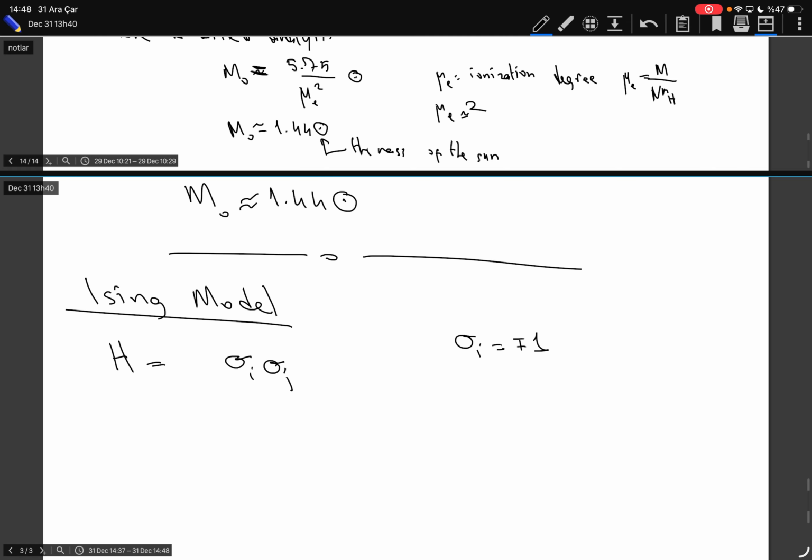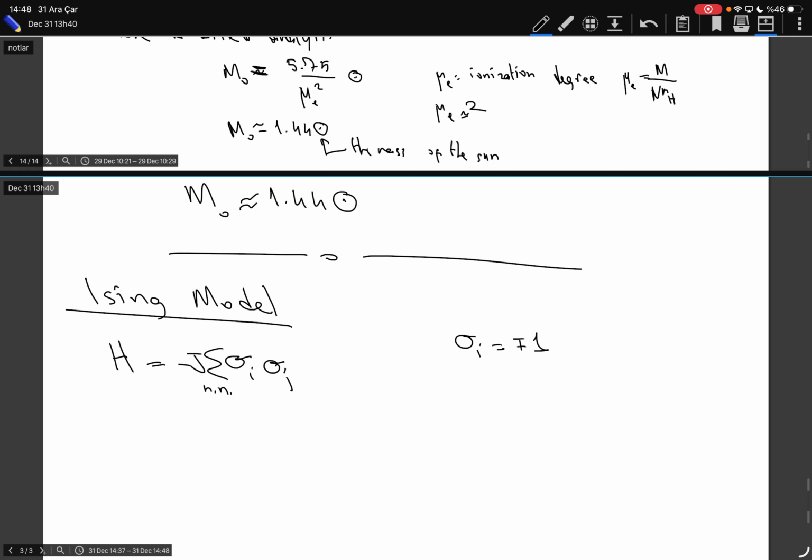What happens in a ferromagnet is that the spins tend to align spontaneously in the same direction. That means that when the spins are aligned in the same direction, the system has a lower energy. So if sigma i and sigma j are nearest neighbors and they are both plus 1 or both minus 1, the system has a negative energy. That is why we have minus J.